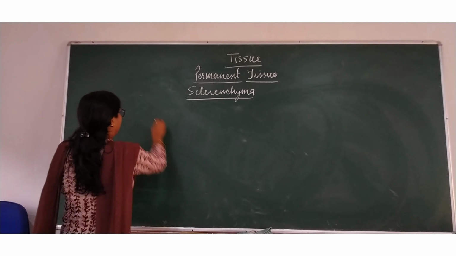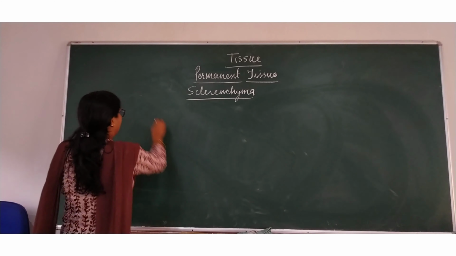So if any cell does not get water or gases, obviously it will die. There is a space in between, and that space is known as lumen. This part is dead.